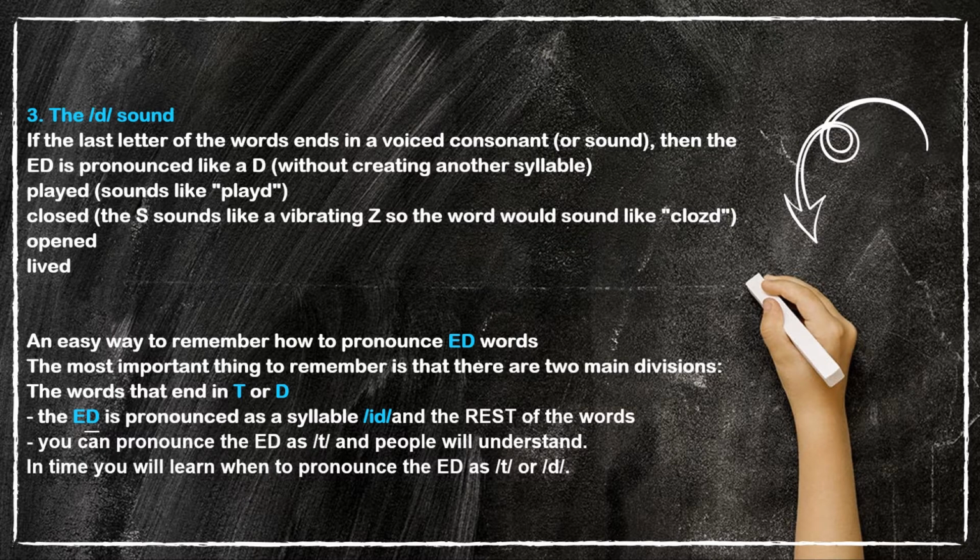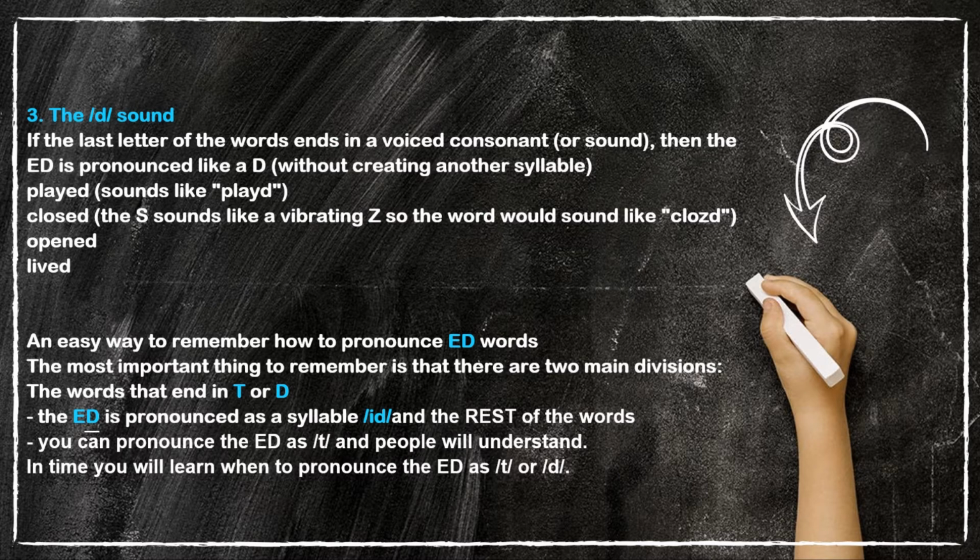If the last letter of the word ends in a voiced consonant or sound, then the ed is pronounced like a d, without creating another syllable, like played, closed. In this case, the S sounds like a vibrating Z.